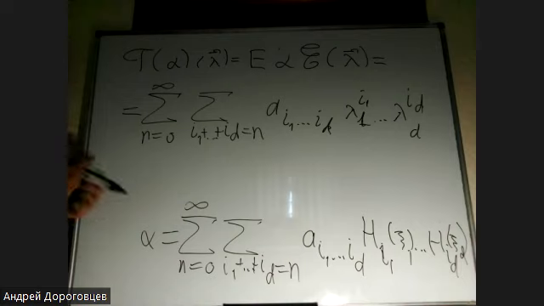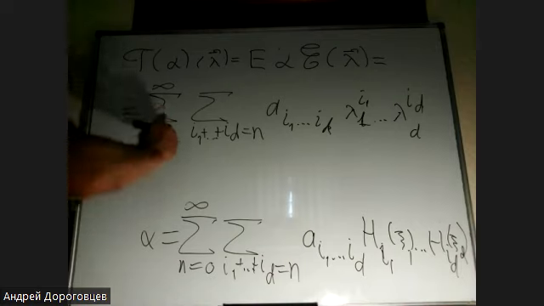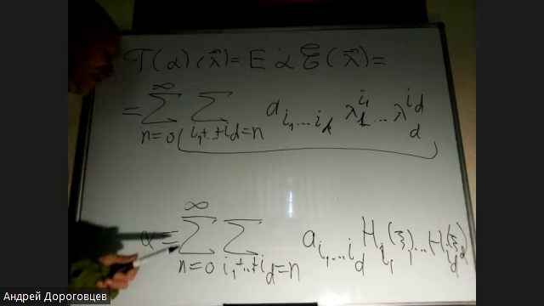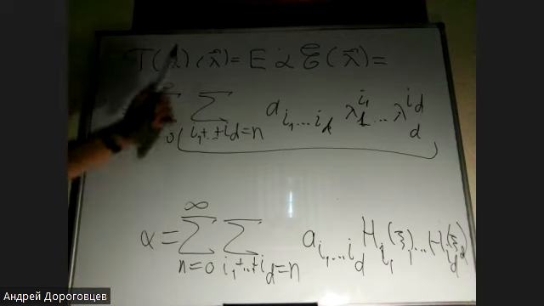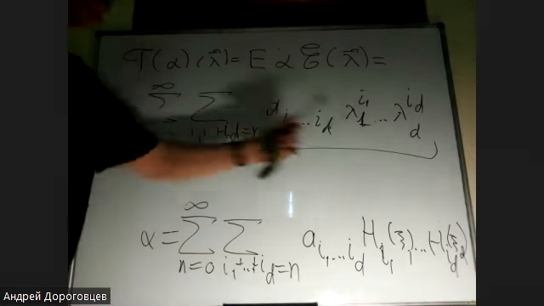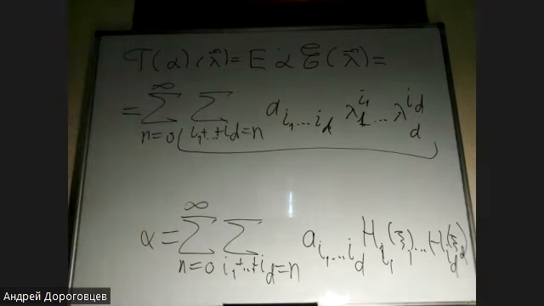And now we see that here we have a very interesting summand related to variable alpha and to our stochastic exponent. And the form of this summand gives us the idea how to write in a non-coordinate way the expansion for random variable alpha.